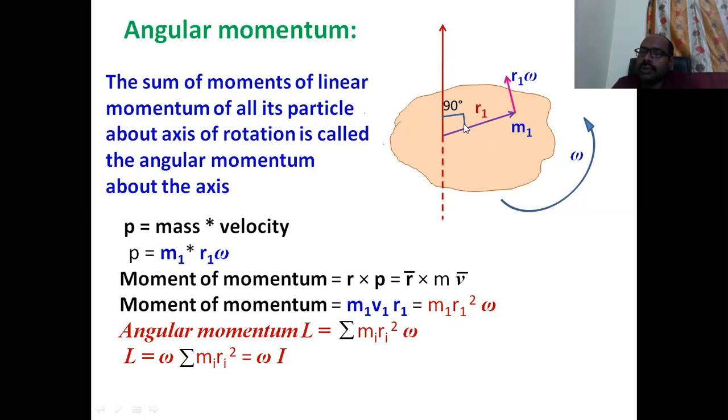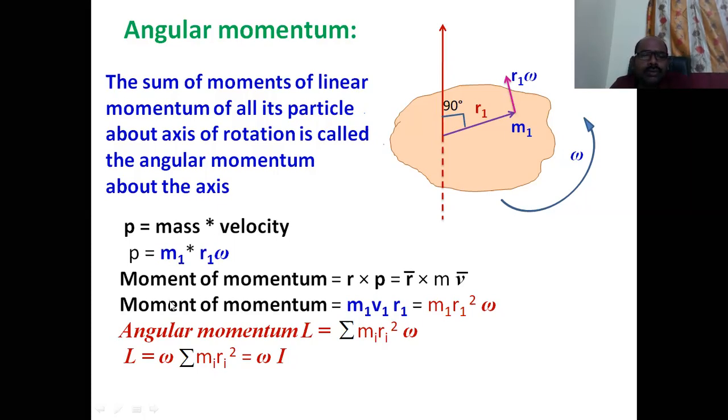Here I have shown the tangential velocity component. So v is equal to r omega, which is perpendicular to this position vector r1.